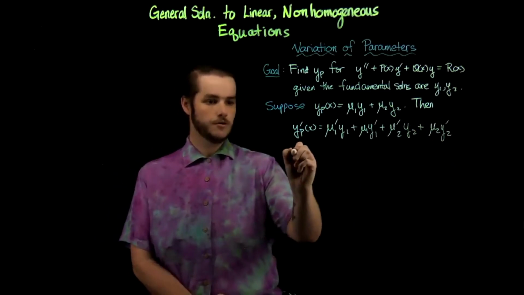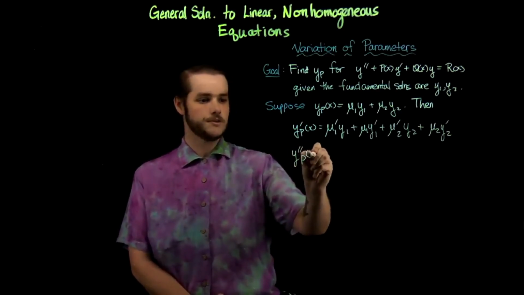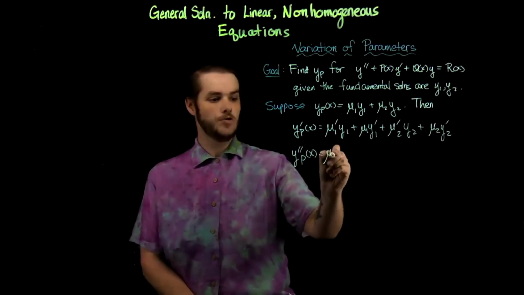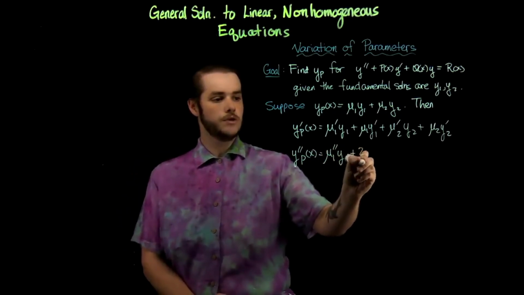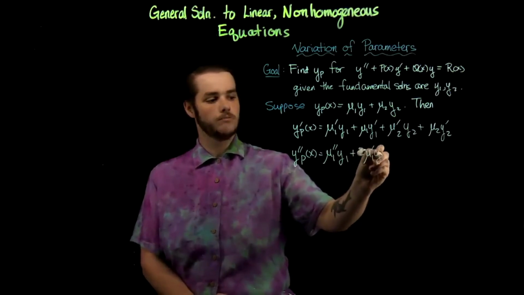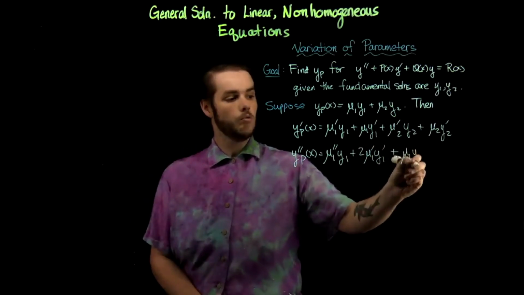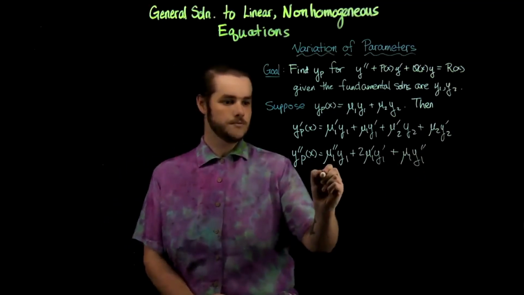Going into the second derivative, I need to use 4 product rules. But I will simplify and condense this down here. I get mu1 double prime y1 plus 2 mu1 prime y1 prime plus mu1 y1 double prime. And then I get the same thing with 2's.